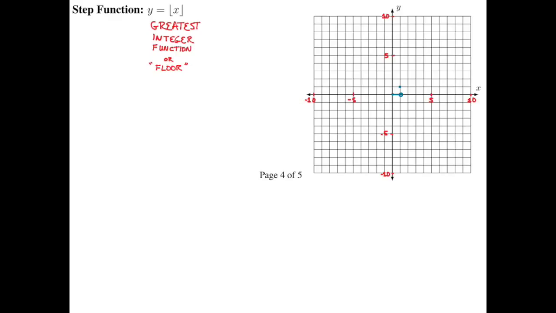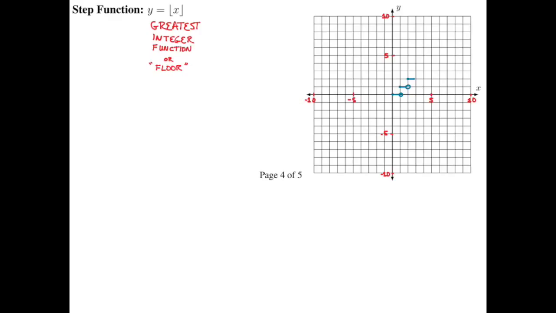And then as you work your way to the right of 1, meaning numbers slightly more than 1, but less than 2, the greatest integer that is less than or equal to those numbers is still 1. Until you get to 2, and then it'll change. So we put an open dot there. At 2, the greatest integer that is less than or equal to 2 is 2.